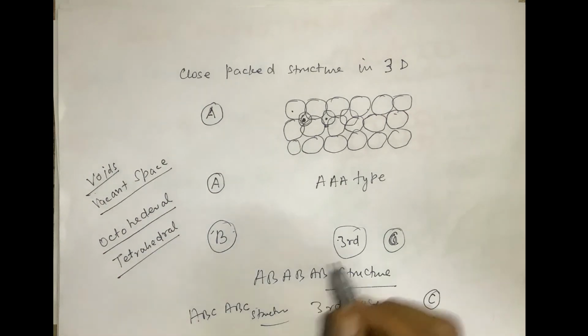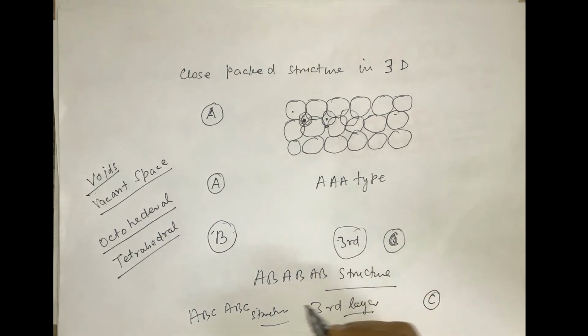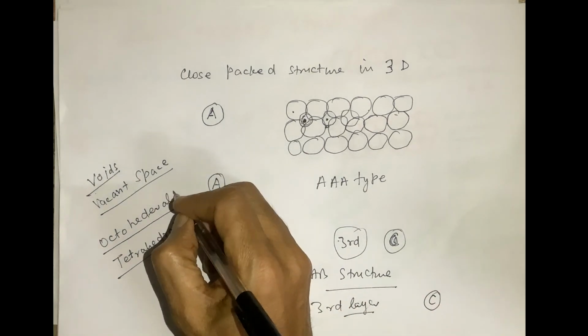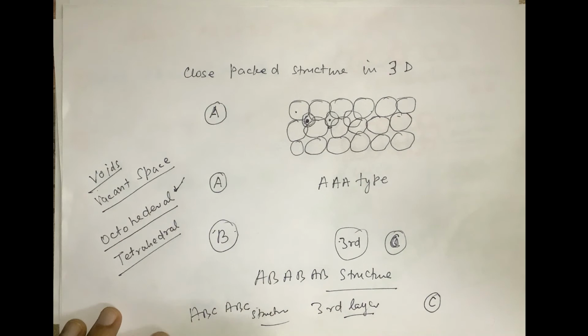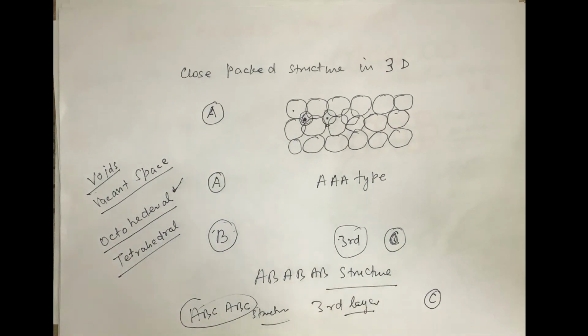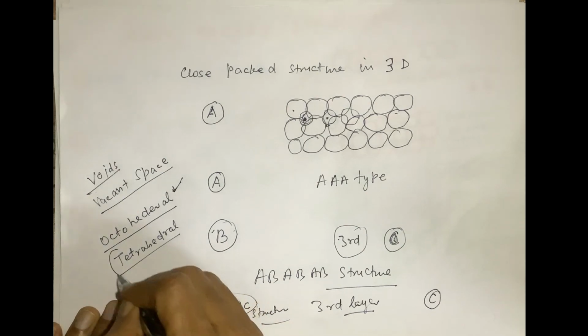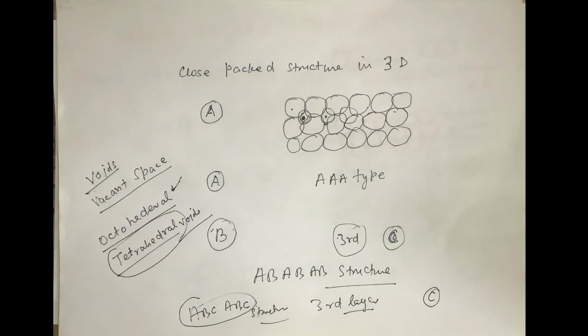When the third layer is aligned, AB type structure, the third layer is placed on octahedral voids, and when the fourth layer is aligned with the first layer, that is ABC structure, then the fourth layer particles are placed on tetrahedral voids or tetrahedral vacant space.